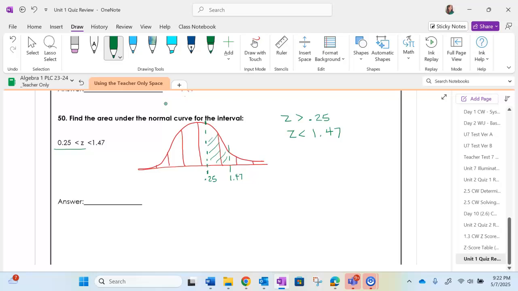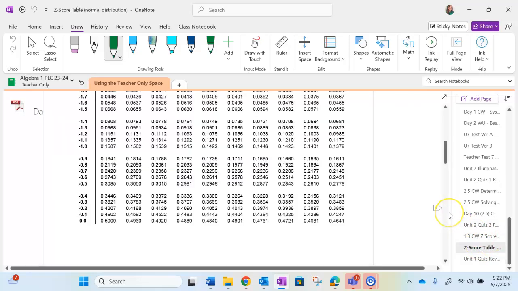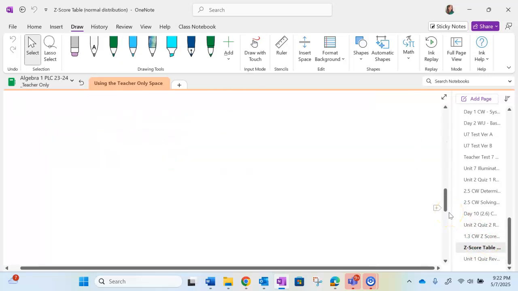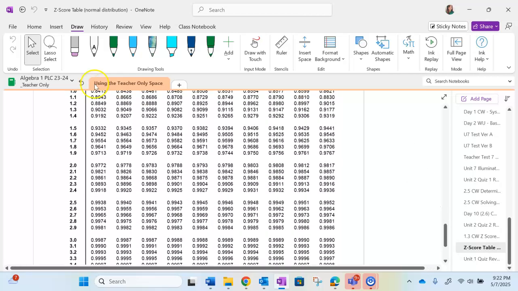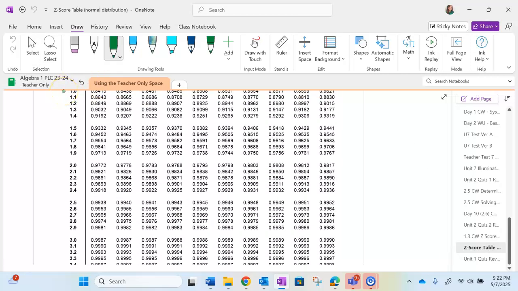So let's first look up 1.47. All right, we're going to the positive this time. 1.47, there's 1.4, and then it's 0, 1, 2, 3, 4, 5, 6, 7, so 92.92.